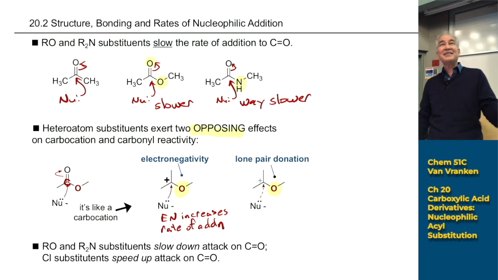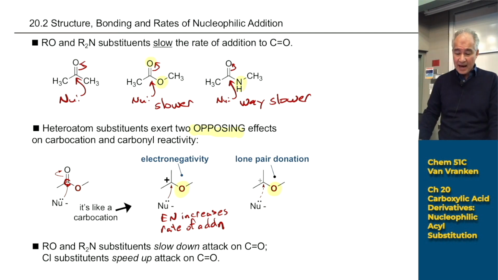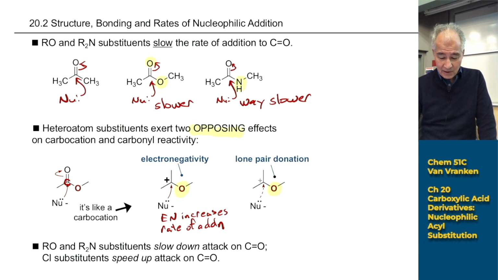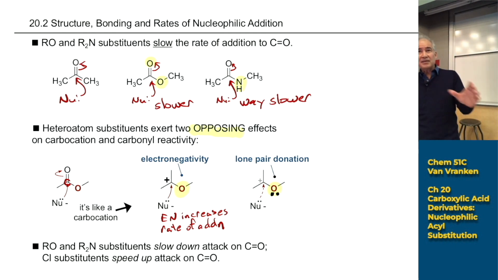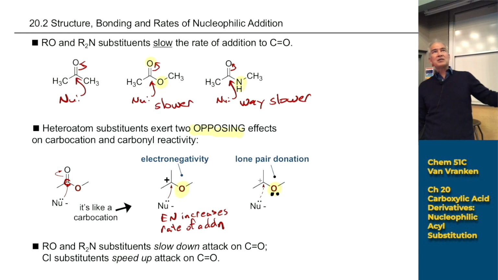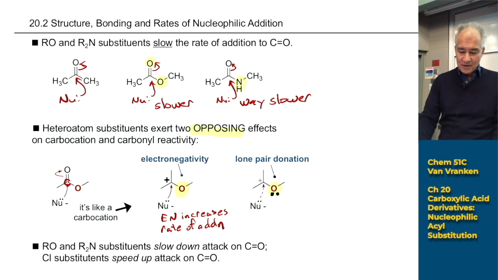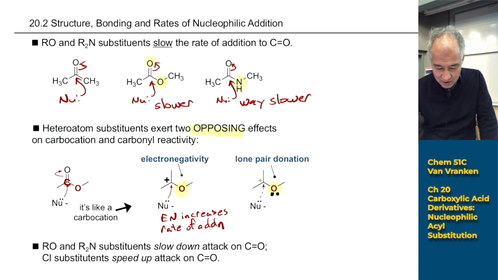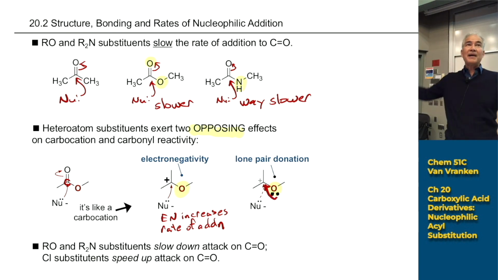But there's a second effect of that electronegative atom if it has a lone pair. Let me draw out the lone pair. In fact, I'll draw it really big because those lone pairs on oxygen are screaming at me. This is a completely different effect. The electron lone pairs are completely different from the electronegativity caused by the protons in the nucleus. And you know what those lone pairs are doing? They are donating into this carbocation. The nucleophile has to collide thousands of times in order to form a bond.